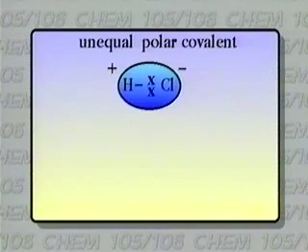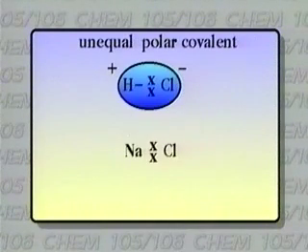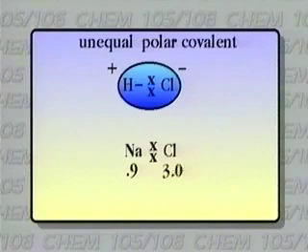But when I put sodium and chlorine together, that pair of electrons that we had between, sodium only has an attraction of about 0.9, chlorine 3.0. It's definitely unequal. But it's so unequal that we actually consider that the electron spends all of its time with the chlorine.